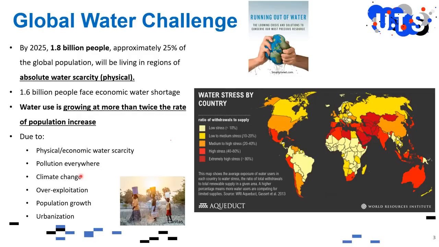And another one is climate change, where water evaporation is much higher, so there are more dry lands now. And so all of these factors have resulted in more water stress these days.